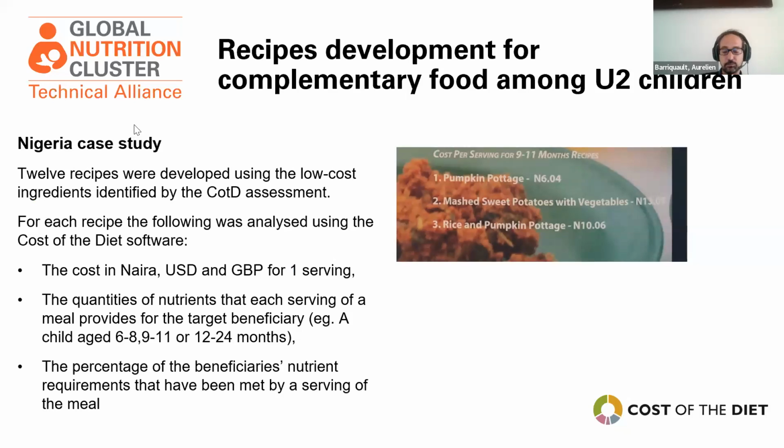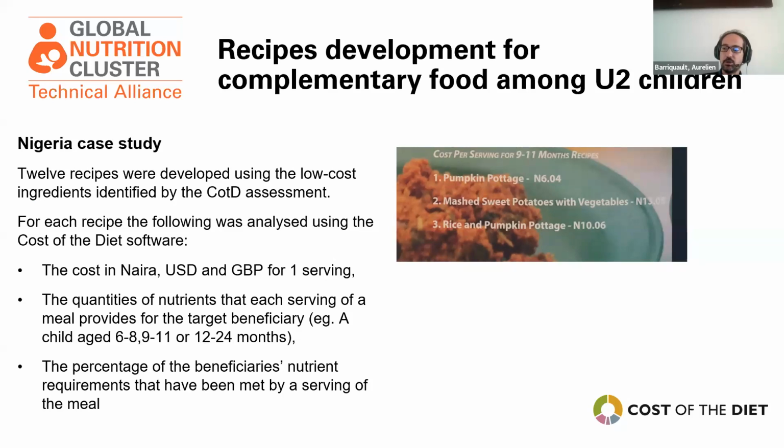So here is just a quick example from a cost of the diet assessment that has been conducted in Nigeria, where we used a complementary feeding manual that was developed in 2015, if I'm not wrong.